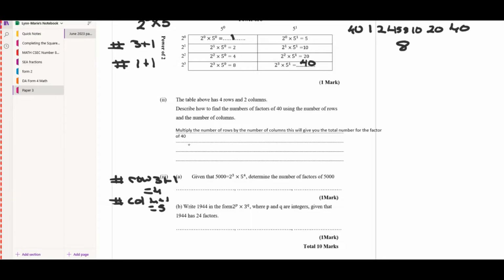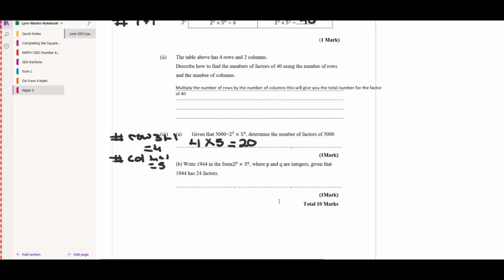And we said to find the total number of factors, you multiply the number of rows by the number of columns, which is 4 multiplied by 5, which is equal to 20. And that is how you would get the number of factors for 5,000 given this. Again, you need to look for the patterns.